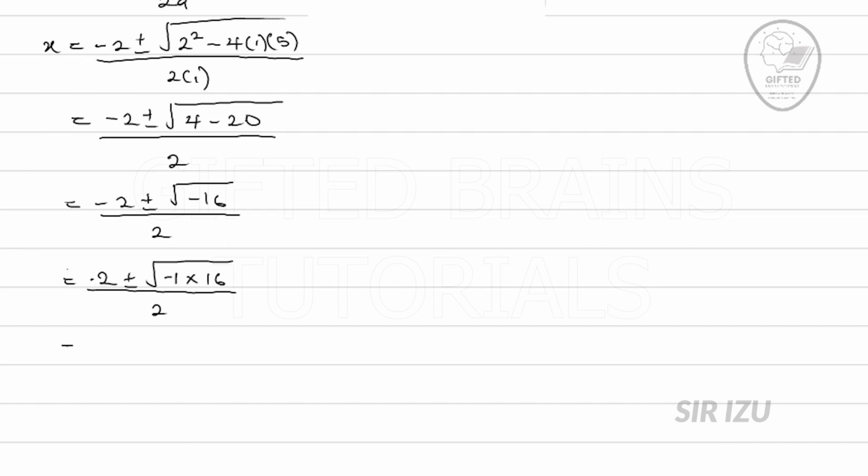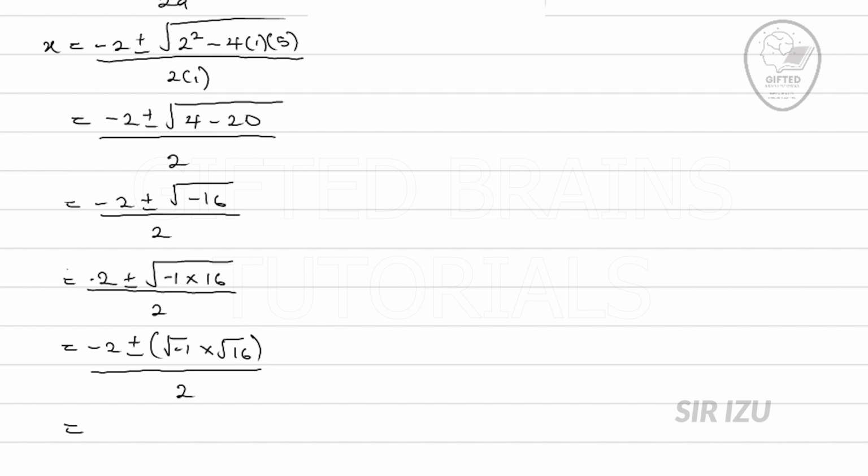Square root of 16 is 4, so this will give me root of minus 1 multiplied by root of 16, all over 2.